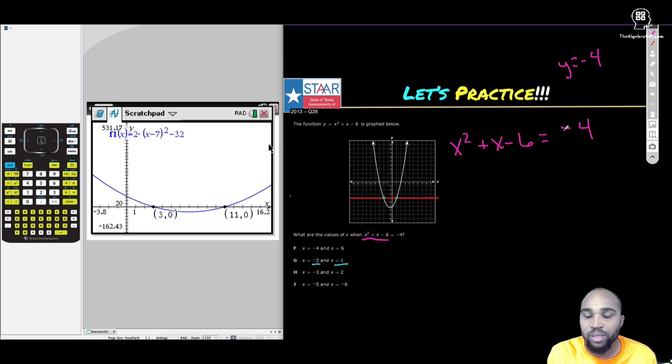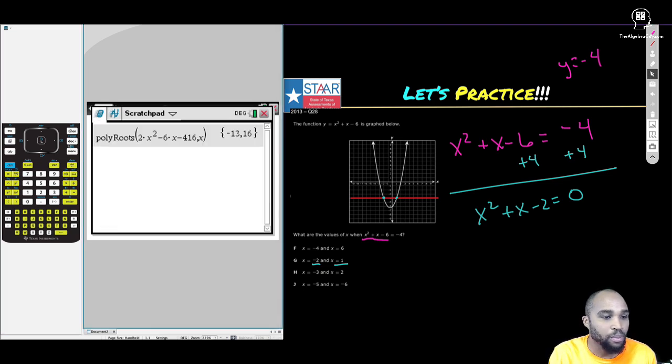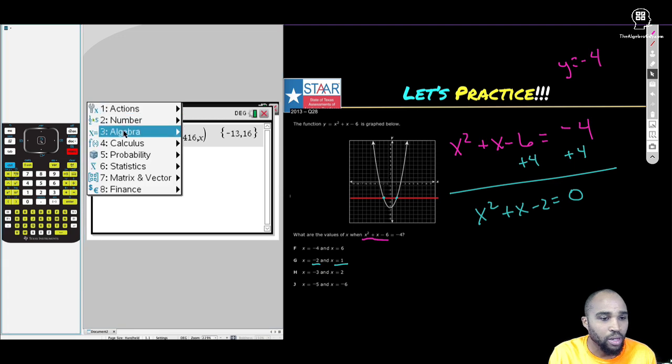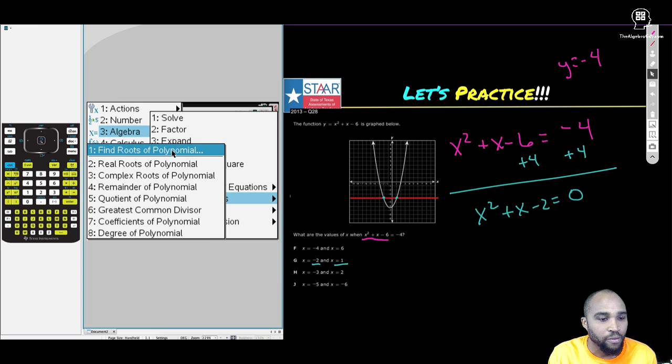But if I wanted to do something, I could put it in standard form and set it equal to 0. So we could add 4 on both sides and say x squared plus x minus 2 equals 0. And now we can analyze this as much as we want to. We can put it in the graph, or we can put it, let's try something different. Let's put it back in this piece here, this polynomial tools, find the real roots.